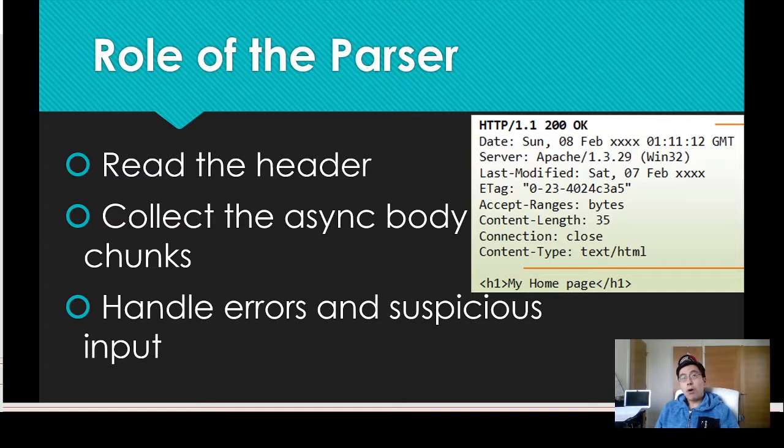The role of the parser is, first of all, to read the header, second, to collect the body, because as the packets of the HTTP request are being transferred through the internet, they arrive asynchronously, they may arrive in a different order, and it's the job of the parser to package that all together before the server can execute a command. And finally, the role of the body parser is to escape any suspicious looking input that may look malicious.